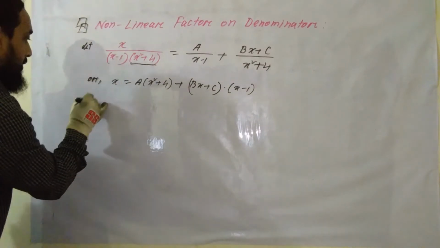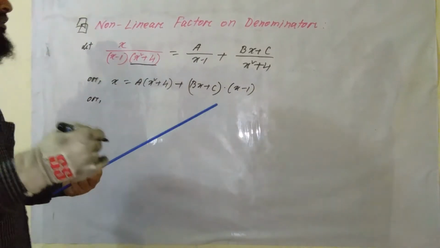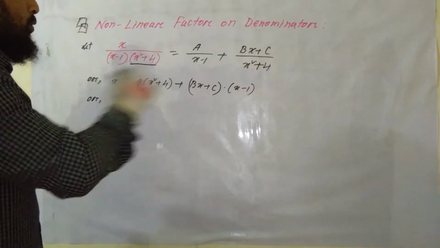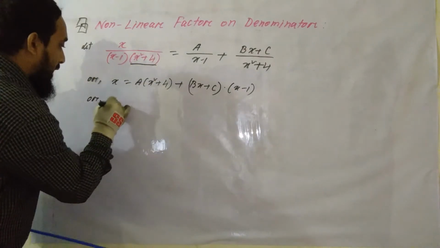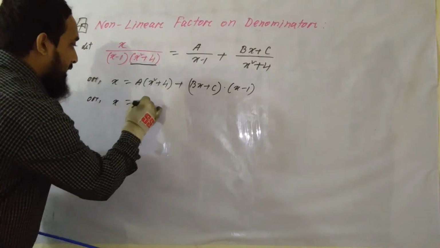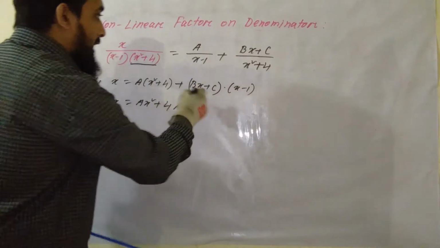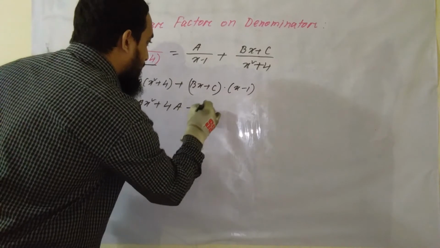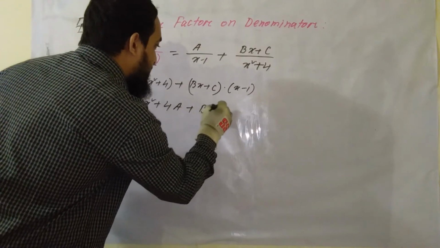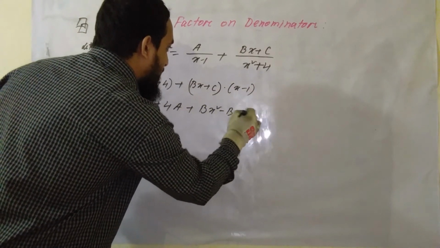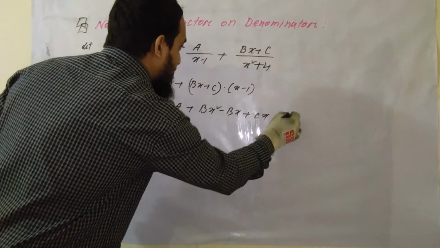Now, just like our last tutorial, we need to equalize the coefficients. So x is equal to ax square plus 4a, and from here bx square minus bx plus cx minus c.